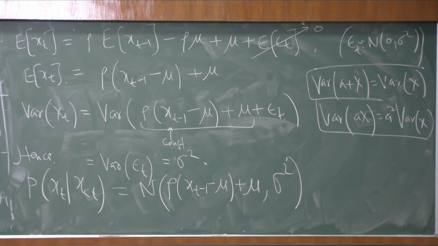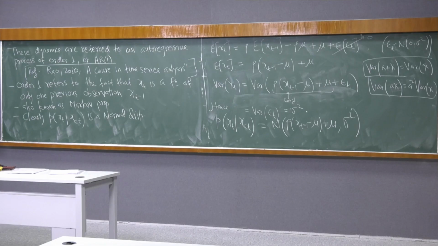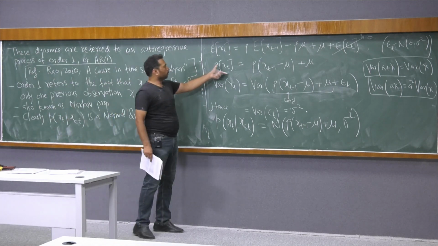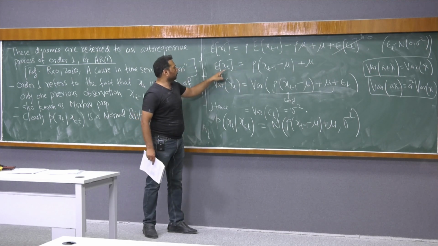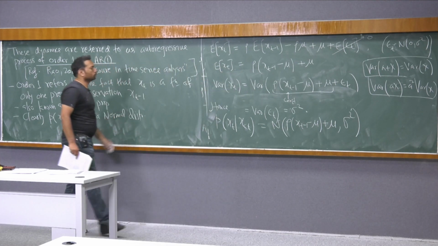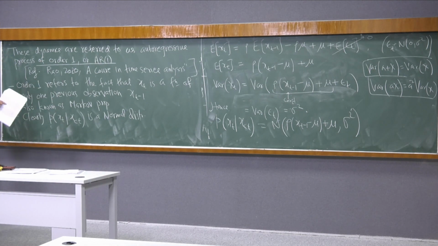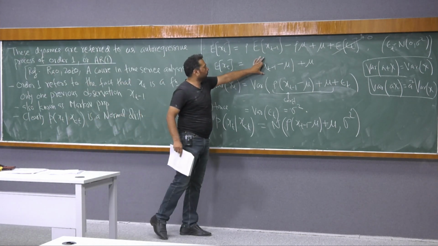Another interesting thing to note is that by induction, the expectation of xt will become simply mu. If I write xt minus 1 again in terms of xt minus 2 and so on, these terms will cancel out eventually.